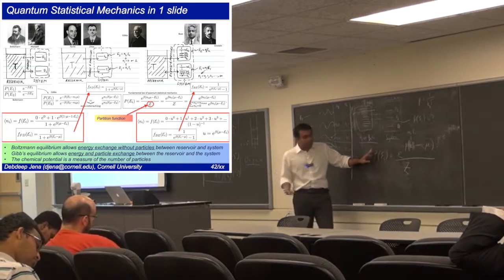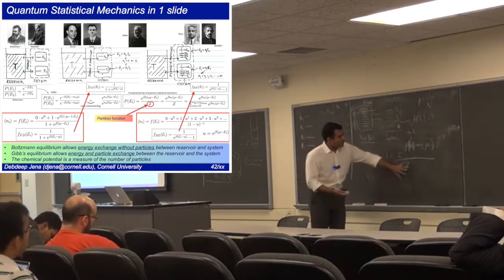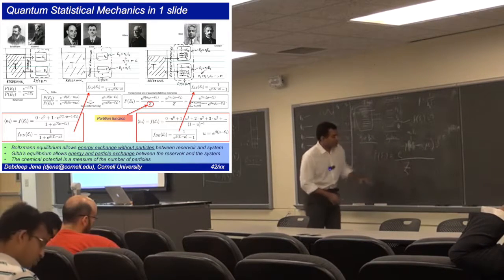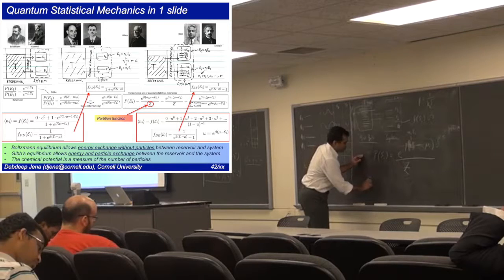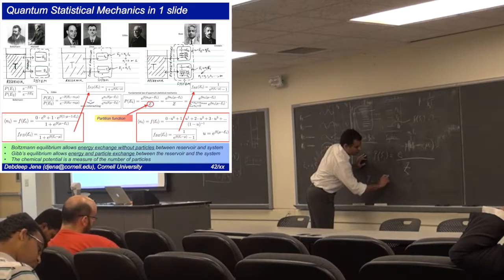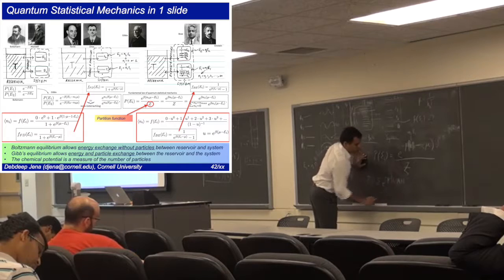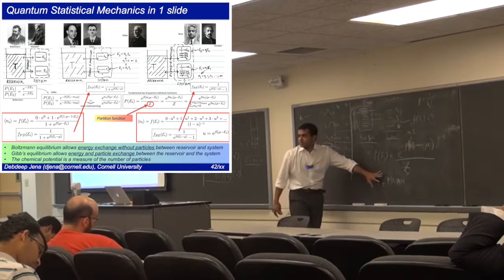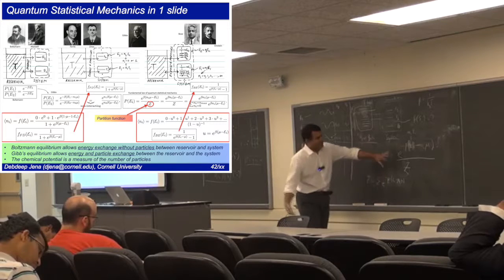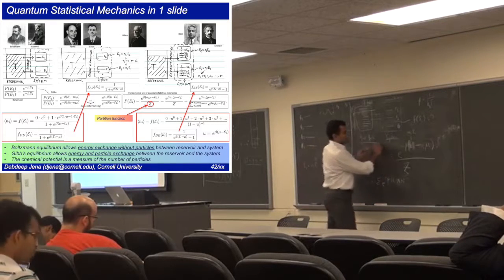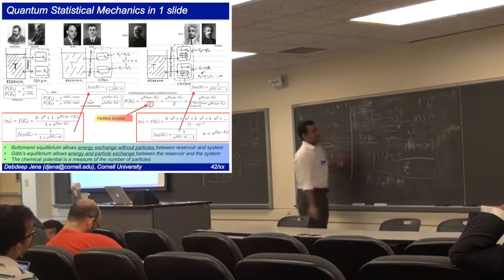So what is this Z? It's a normalization factor, basically the sum of all possible e to the power minus beta, (Ei minus mu) Ni, over all possible configurations. That's the denominator, so that you get a 1 in the end when you sum up all the probabilities.